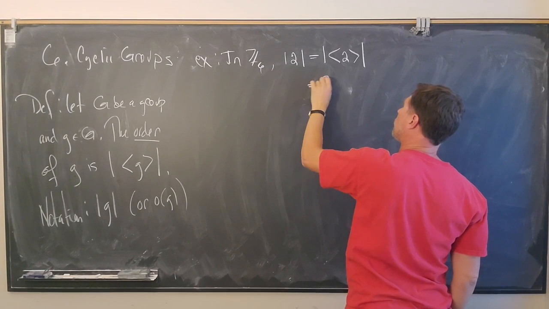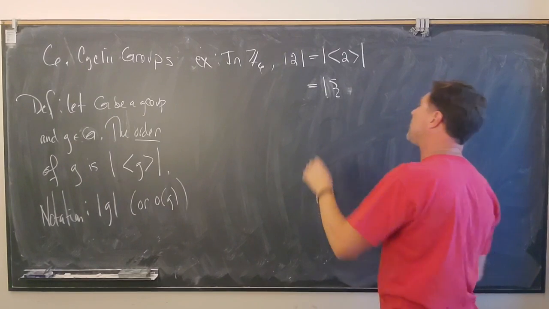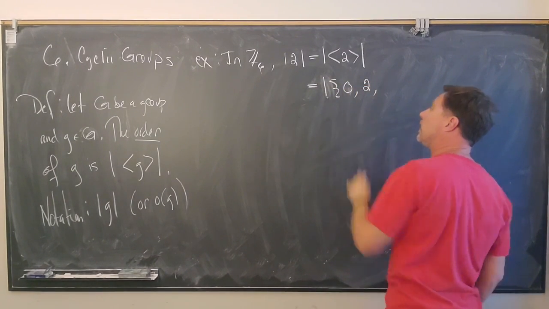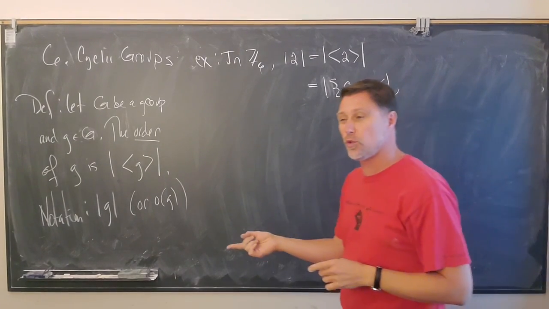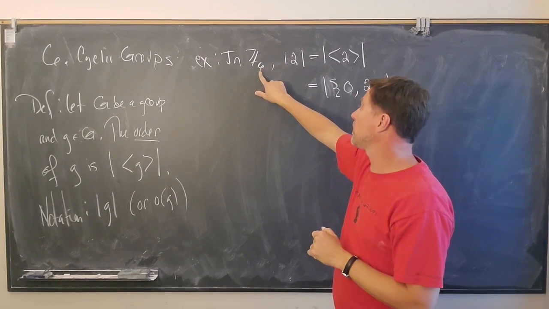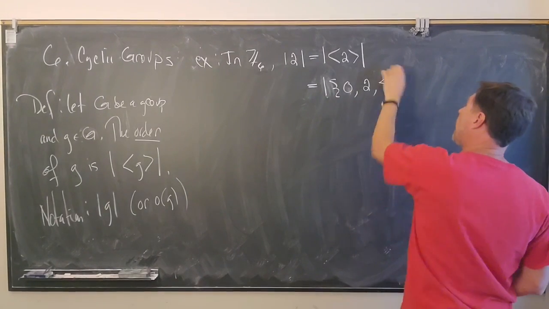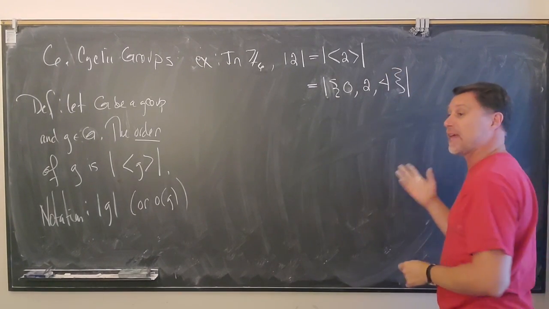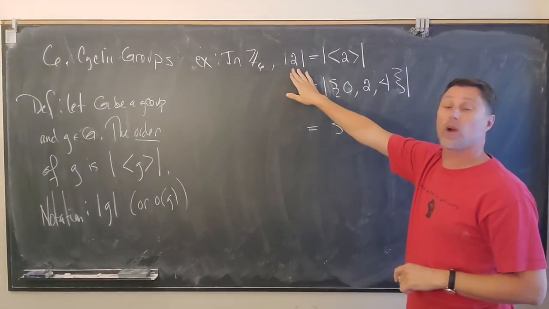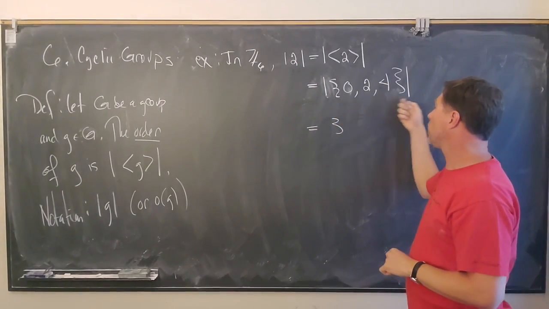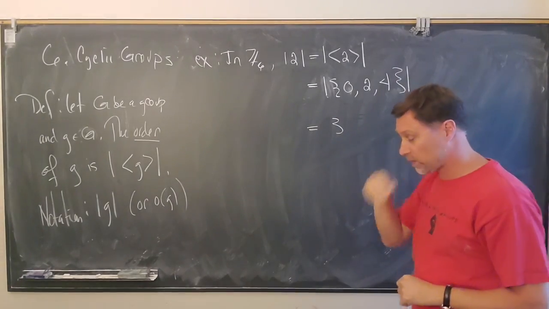You can easily compute that it's going to have the identity, it's going to have 2, 2 plus 2, and 2 plus 2 plus 2. Remember, we're working in Z6, so the operation is mod 6. And so 2 plus 2 plus 2 is 6, which is 0, and that closes the cycle off. So the answer is 3. The order of the element 2 is equal to the order of the subgroup generated by 2. That subgroup has 3 elements, and so the order of the element is 3.